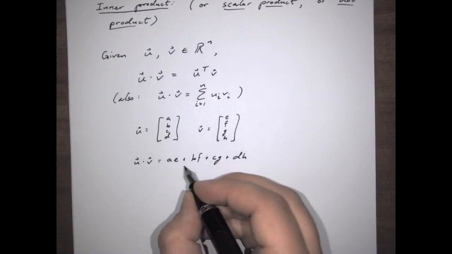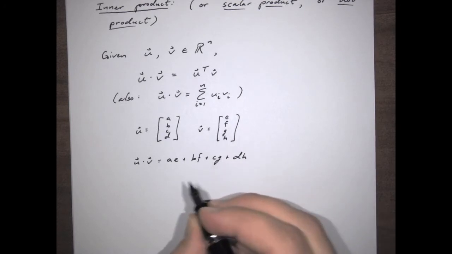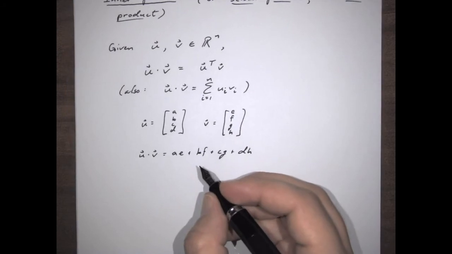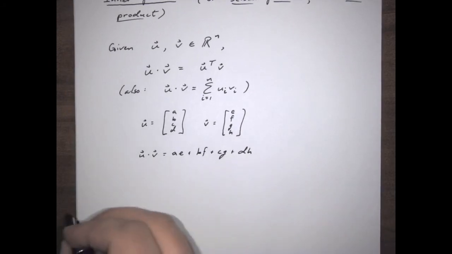So this is the way we'll actually typically evaluate these things, these dot products, also known as scalar products, but more formally known as inner products. Okay.